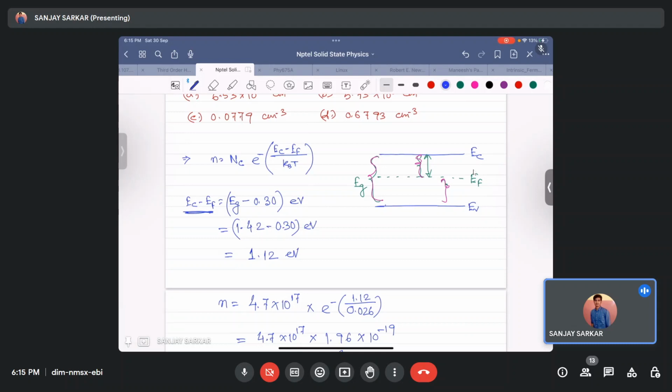So EC minus EF is this value, and I calculated it from Eg minus 0.30. Is it not clear? Clear, sir, clear. Okay.